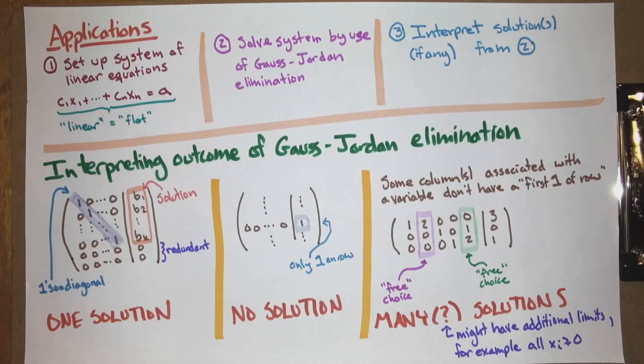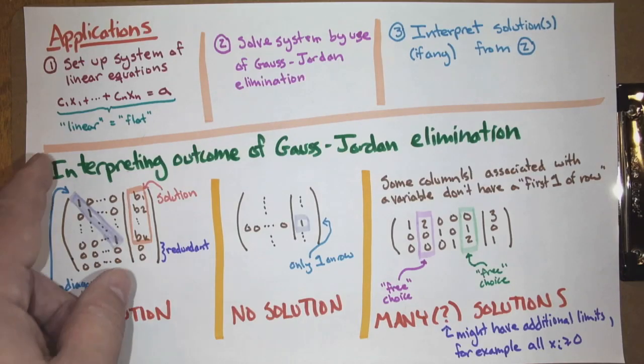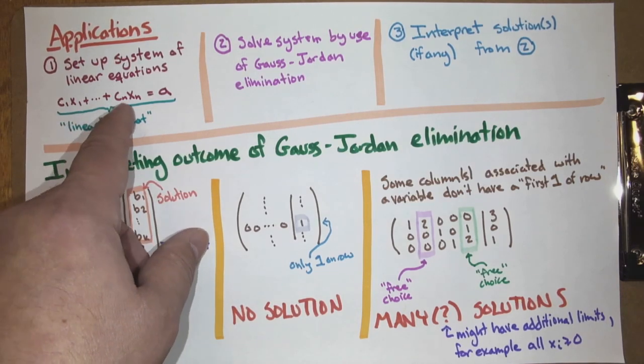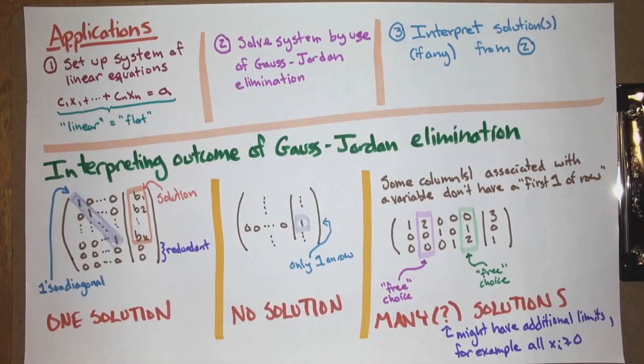We've run out of letters near the end of the alphabet, X, Y, Z. What do we do when we need another letter? That's when we start using subscripts, X1, X2, X3, and so forth. Those are our variables. In other words, those are our unknowns. And we have an equation: some constant times the first variable, some constant times the second variable, and so on, up to some constant times the last, equals a number.